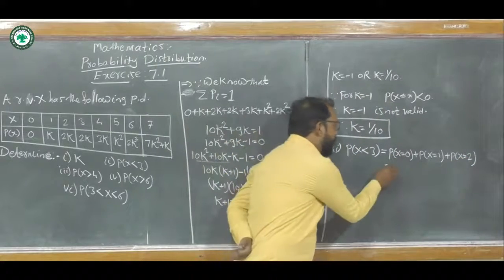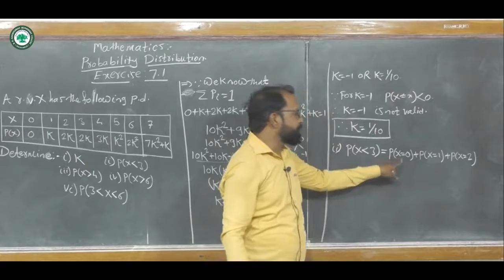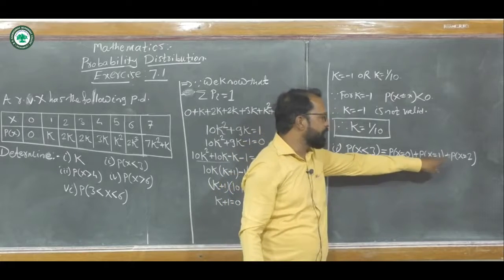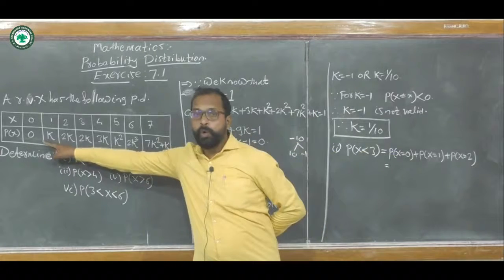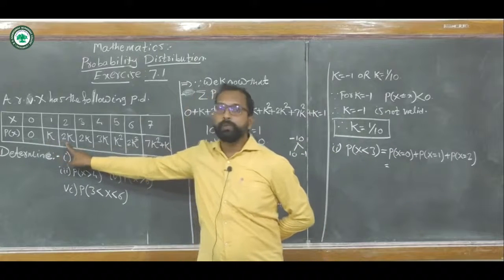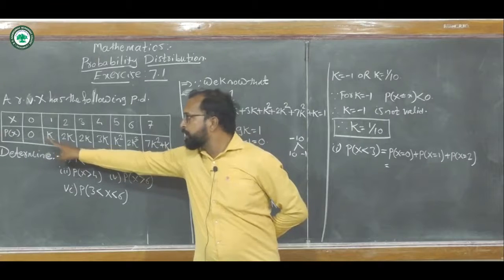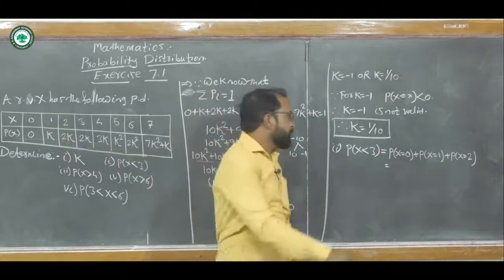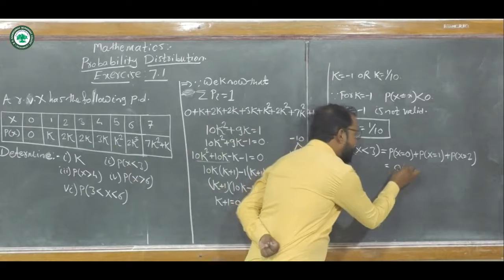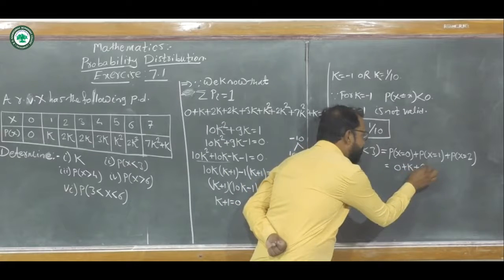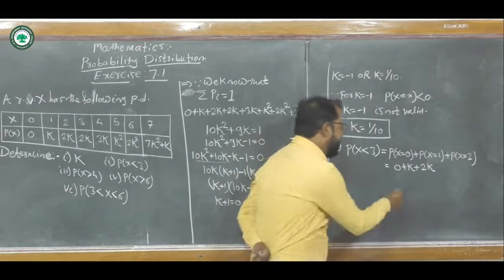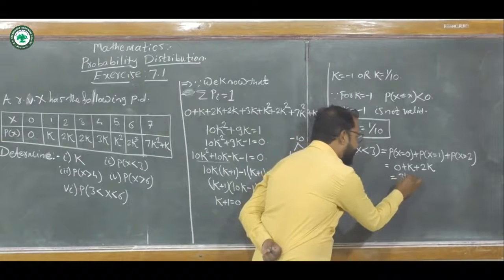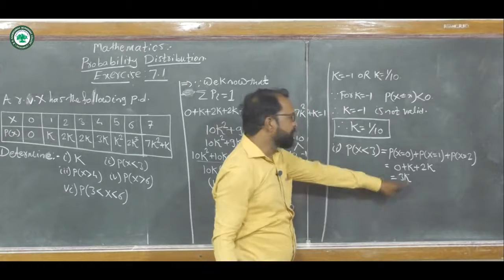Now putting these values for probability of x equals 0, x equals 1 and x equals 2 from the table, these values are 0, k and 2k. So it becomes 0 plus k plus 2k, and after adding these we get 3k.